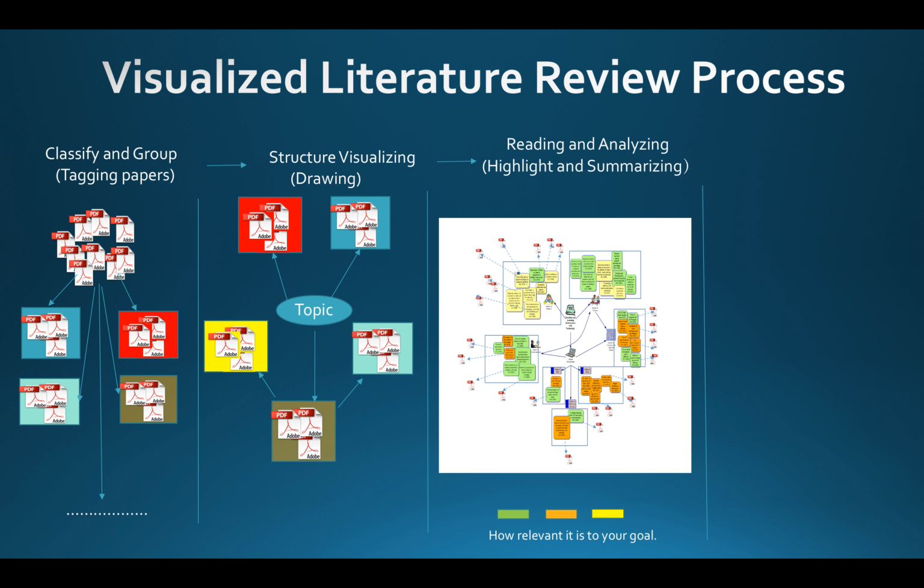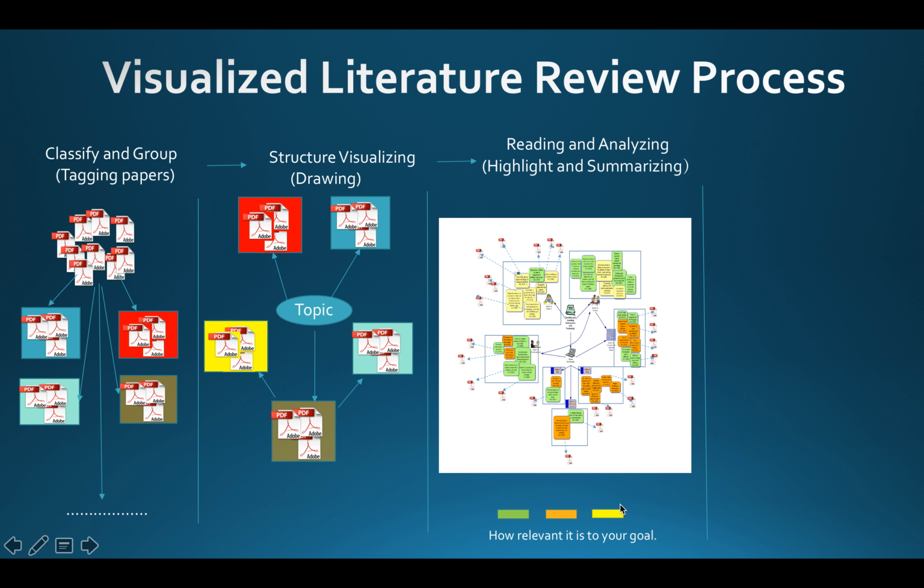The next step is to read and analyze the papers. What I usually do is highlight the sentences or information I think are more valuable to me and summarize them. So I really hope that the highlighted information or sentences can appear in this way.